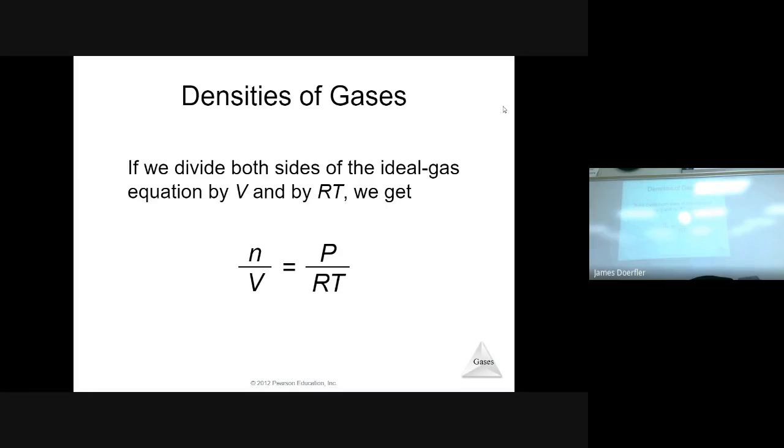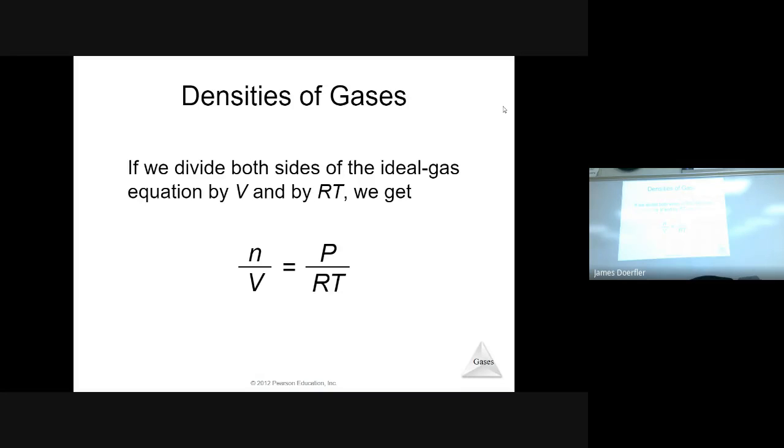So what we're going to be talking about today are densities of gases. We mentioned densities briefly the other day. The note said that as the molecular mass of gases decreases, so does its density. That's the idea we're going to roll with today, but we're still going to incorporate the ideal gas equation.